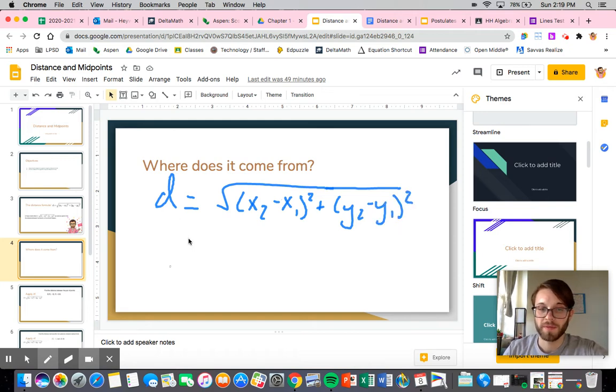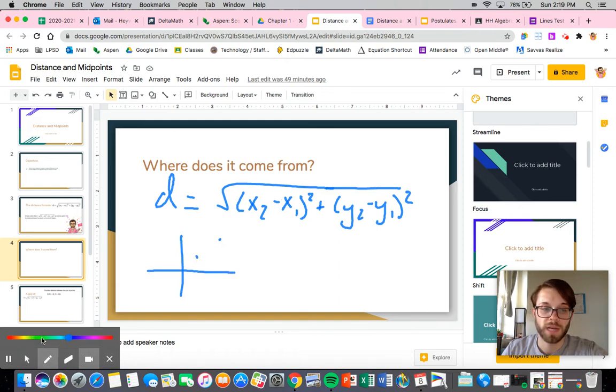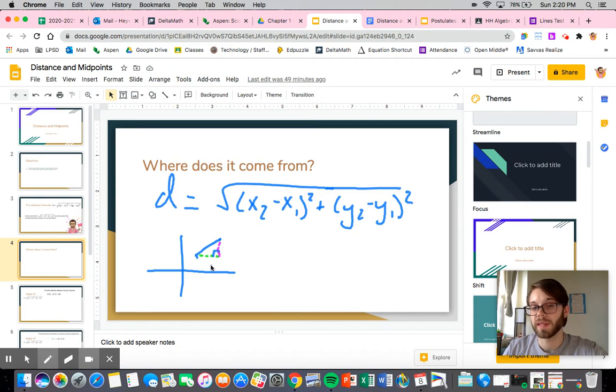This comes from this situation, right? So if you had a coordinate grid and you had 2 points, what would you have done? Well, you could just count to the right, and then you could also just count up. So when you count to the right and up, what are you originally given here? We're making a triangle. And specifically, since we're counting horizontally and vertically, this just comes from the Pythagorean theorem.